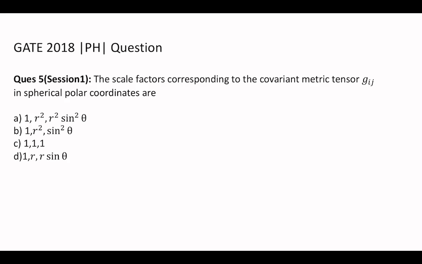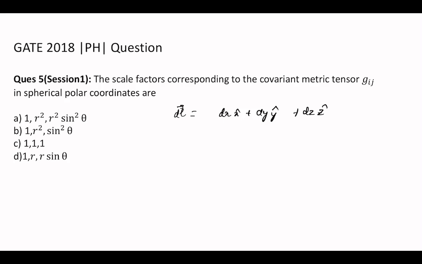For example, in a Cartesian coordinate system, we know that the line element dr can be written as dx x cap plus dy y cap plus dz z cap, where x, y, and z are three independent bases of this Euclidean 3D geometry.